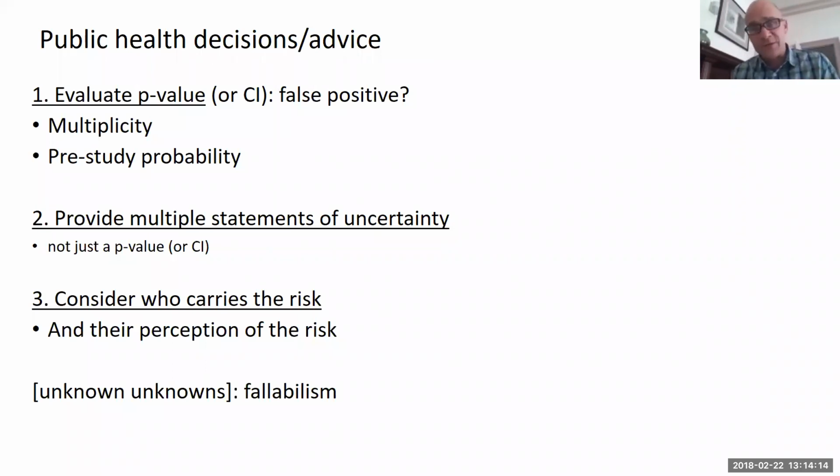Now, right down the bottom of this slide are the unknown unknowns. Obviously, if they're unknown unknowns, you don't know about them. But I think it's important to keep in the back of your mind that there could be these unknown unknowns. So this is the idea of fallibilism, that everything in science is subject to revision.